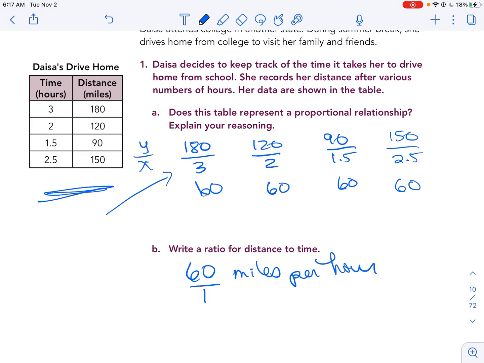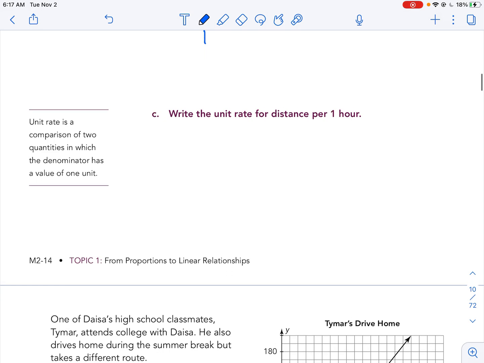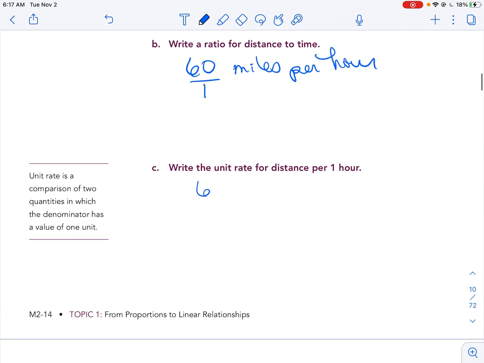How do I know that? Because the y value was miles and the x value was time. So 60 miles per hour. Oh, and we just did that. 60 miles per hour. Okay.